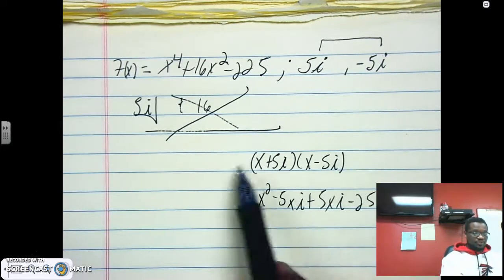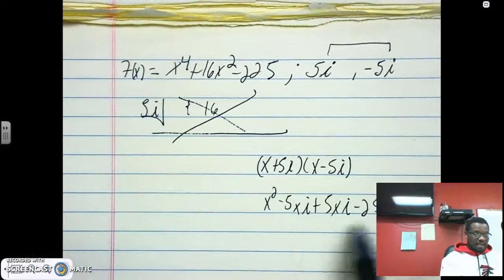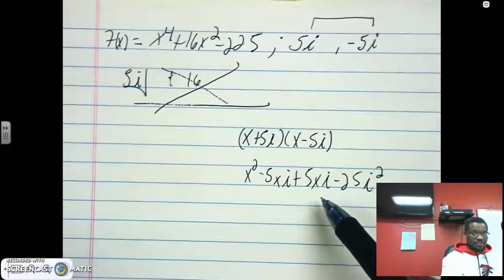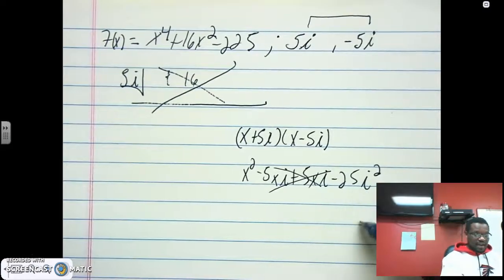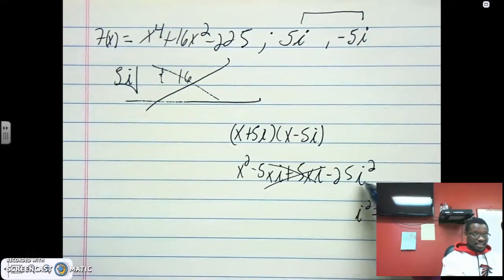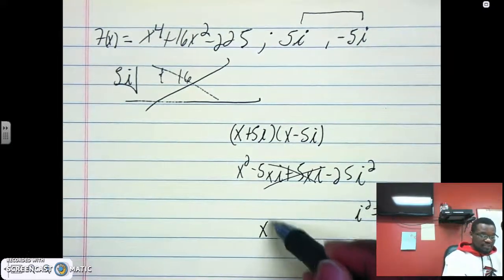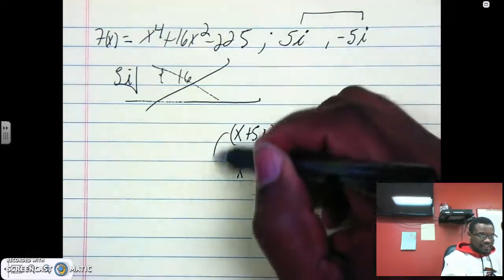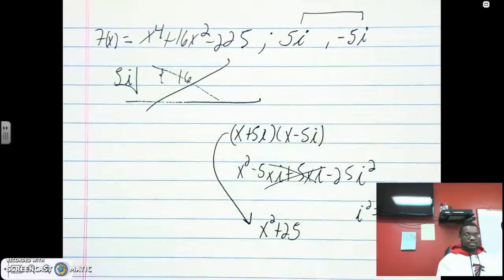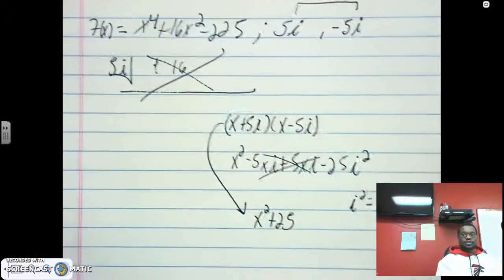That's when you FOIL all of that. Now notice what happens to these two middle terms here. They cancel out. And remember, i squared equals negative 1. So negative 25 times a negative 1, this really is x squared plus 25. This actually simplifies down to x squared plus 25 whenever you FOIL it out.